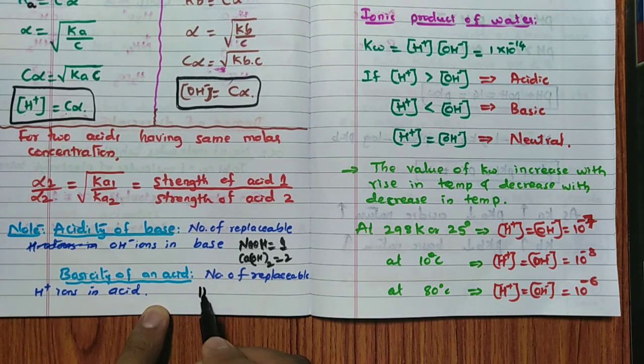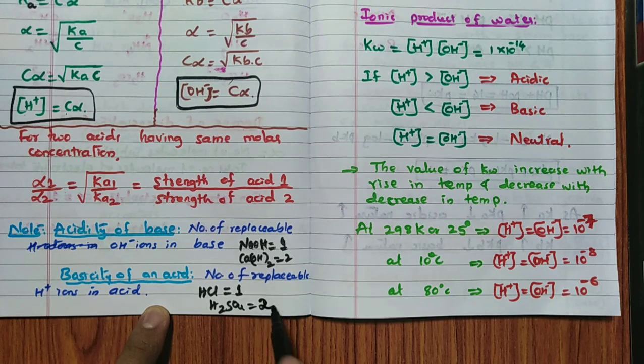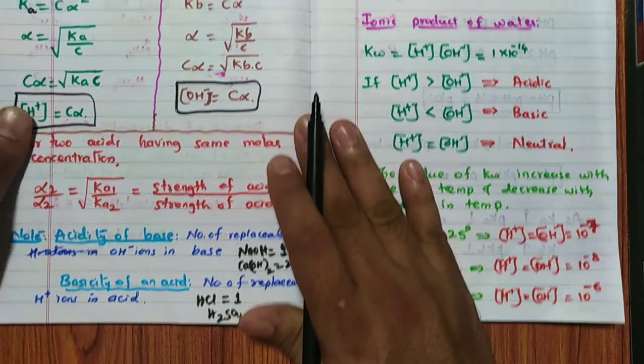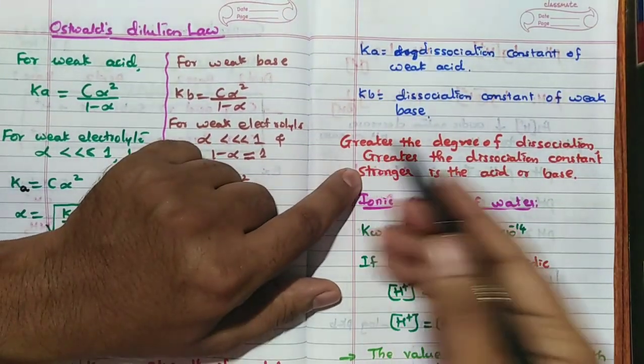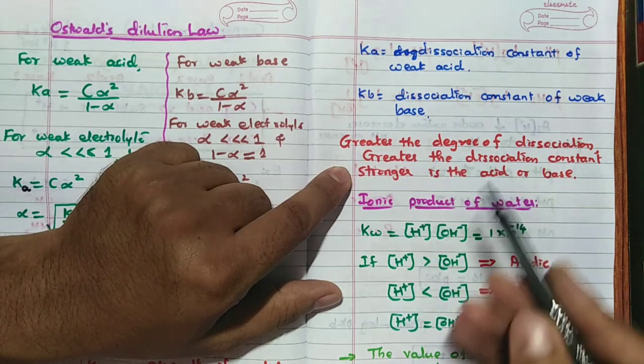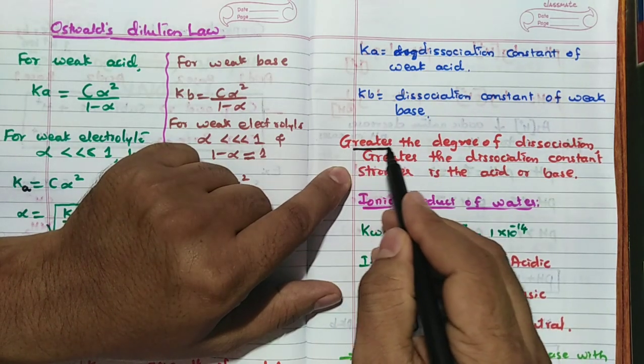For example, HCl is 1. Sulfuric acid, H2SO4, is 2 because 2 hydrogens are replaceable. Remember that.